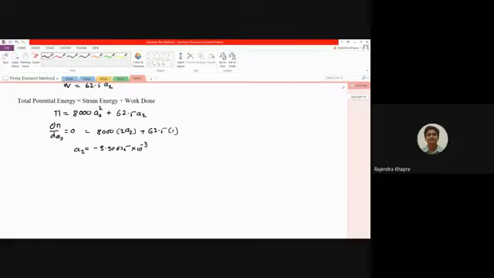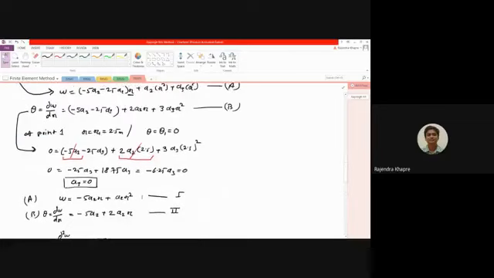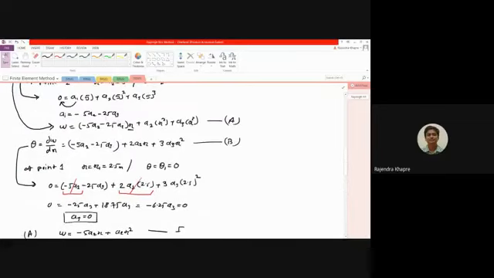Now all the unknowns are known. Your A1 is there in terms of A2. You can see earlier we have calculated the value of A1. Here you can see A1 was in terms of A2 and A3. We have already found out the value of A3 is 0.